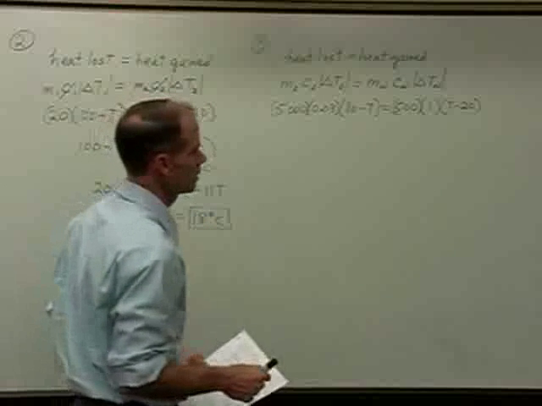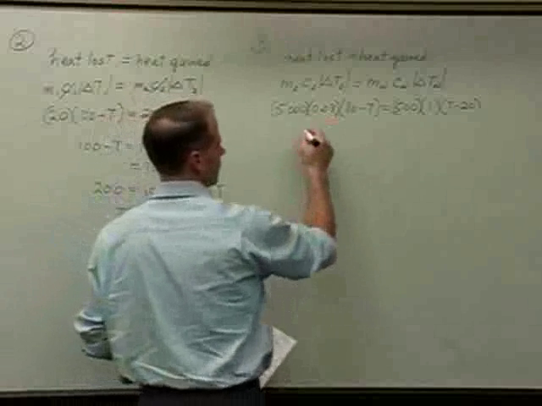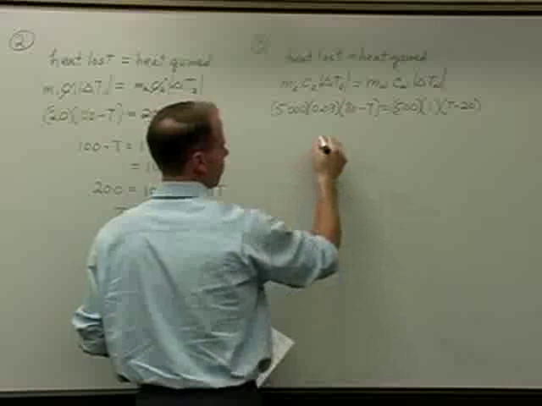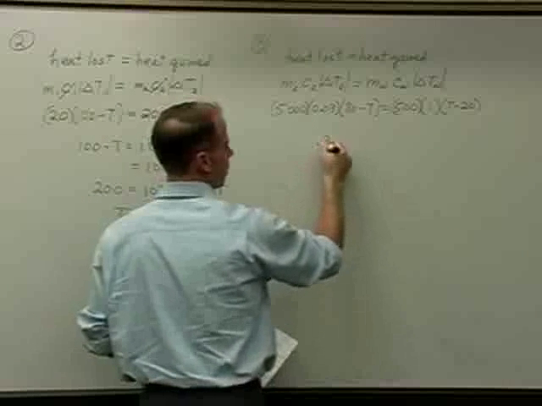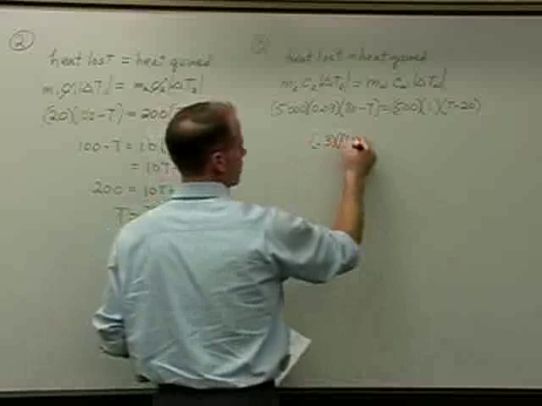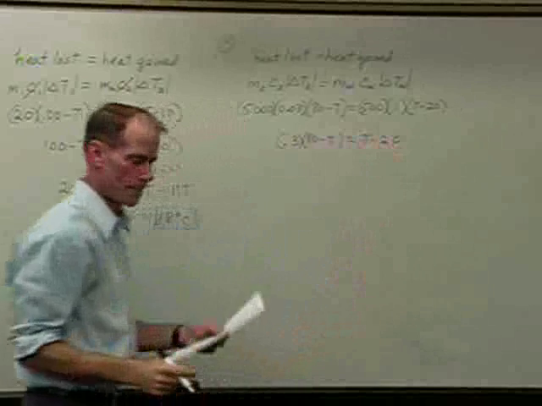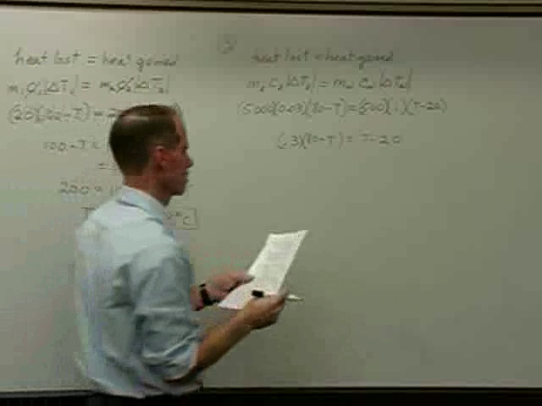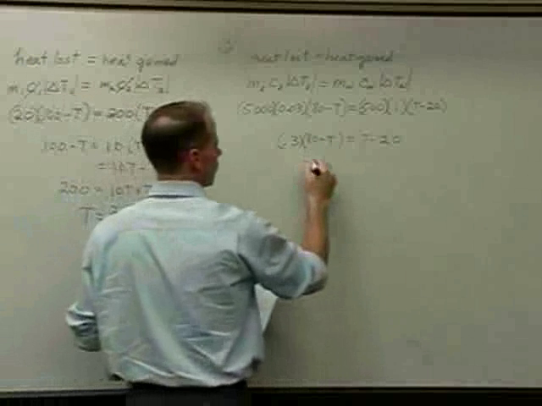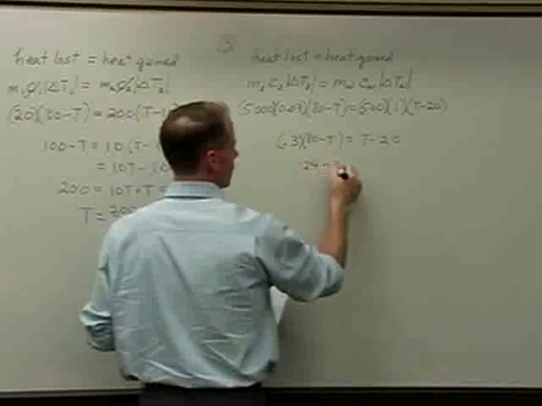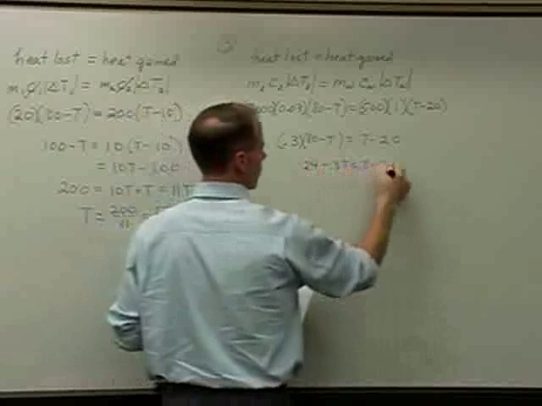So there we have it. Let's divide both sides by 500. So we have 10 times 0.03 gives us 0.3. 80 minus T equals T minus 20. Solve this. So we have 24 minus 0.3T equals T minus 20.